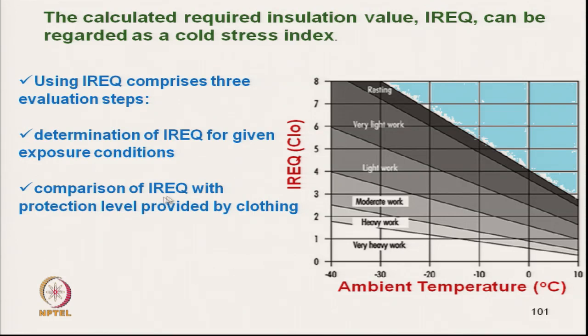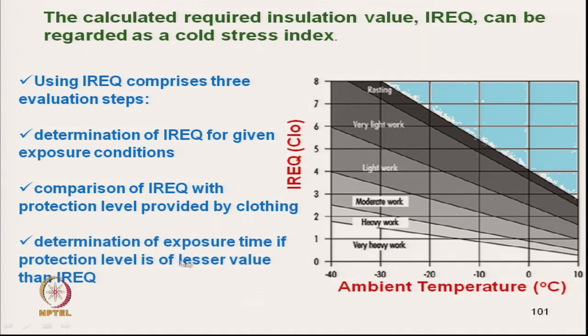Then comes comparison of IREQ with the protection level provided by clothing. We know the level of IREQ required, and we have to compare it with the clothing clo value. Then comes determination of exposure time, if the protection level is of lesser value than the IREQ value.